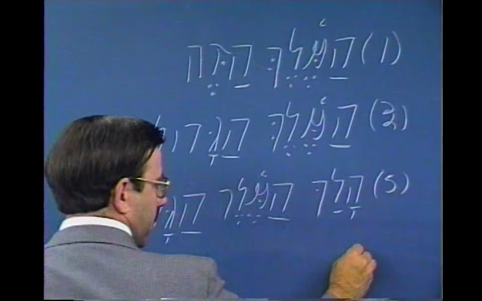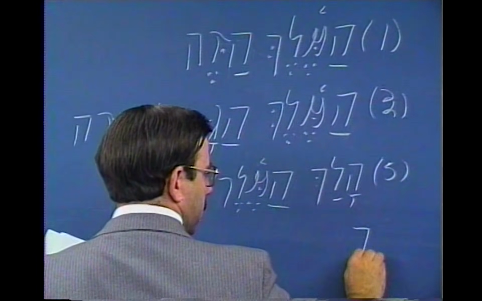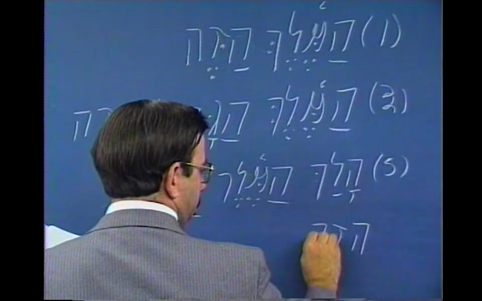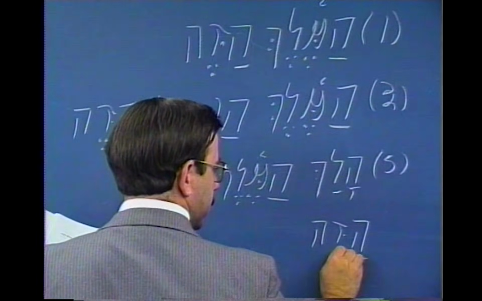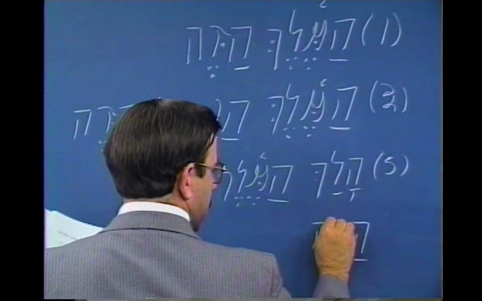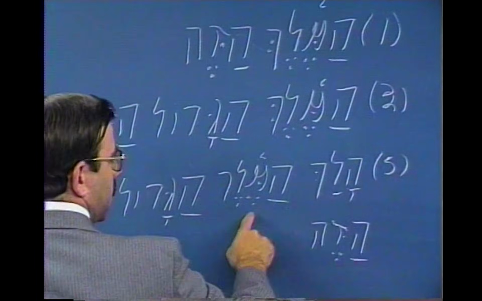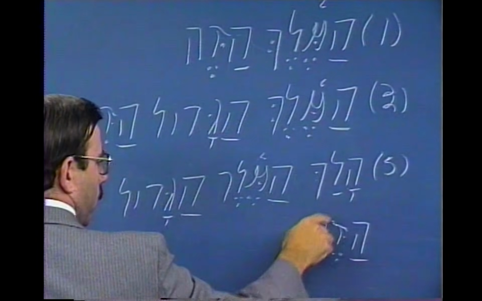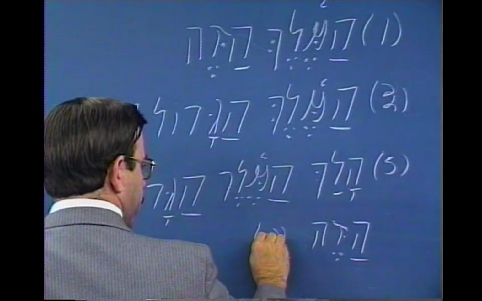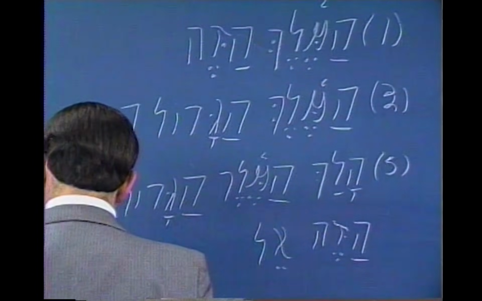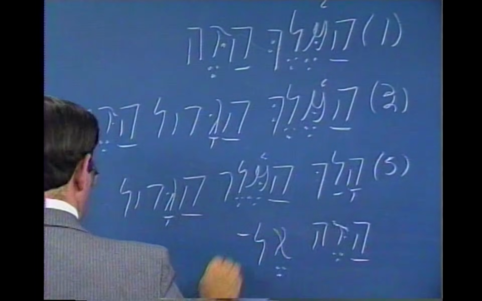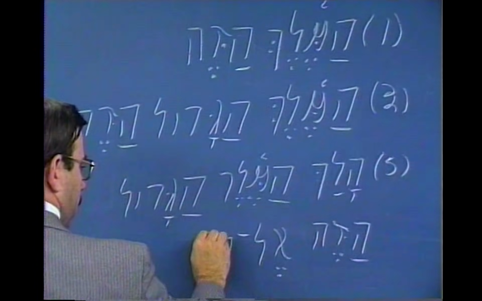I'll go ahead and continue on this line right below here. So, ha-zeh. It's a terrible looking zayin, isn't it? Ha-zeh, this king, this great king, walked into the city.